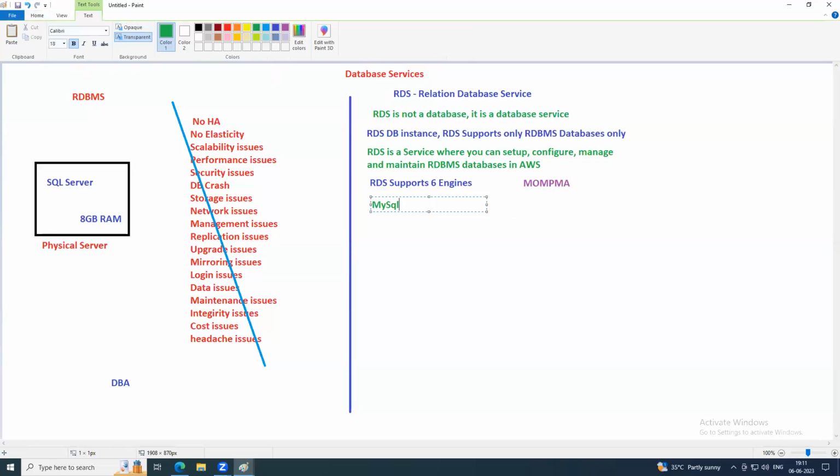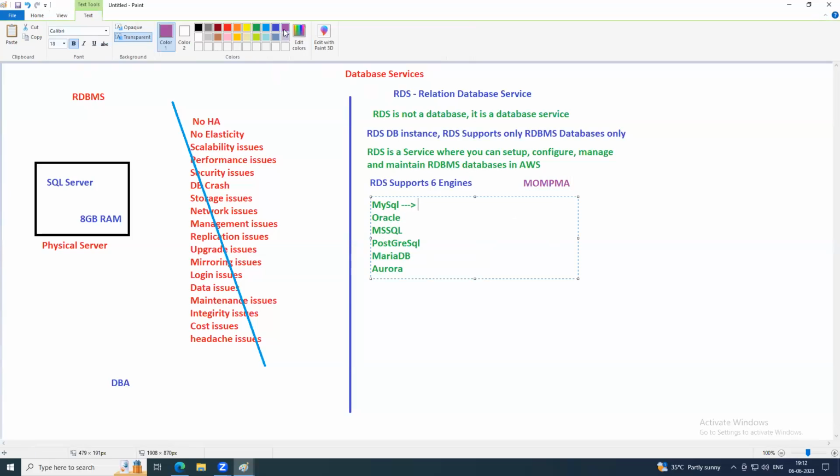MySQL, Oracle, MS SQL, P for Postgres, MariaDB, Aurora. So these are the 6 engines. Guys, certification question: these are the 6 engines that RDS supports.